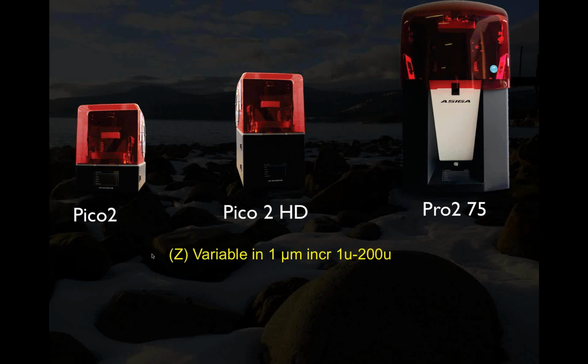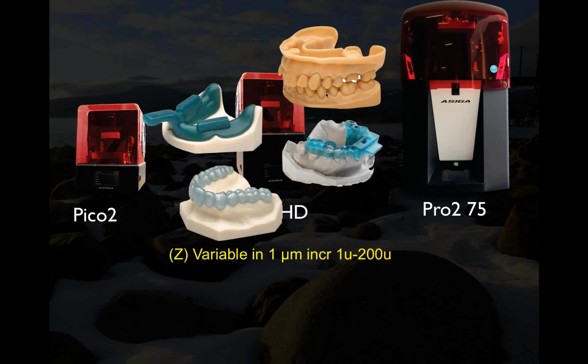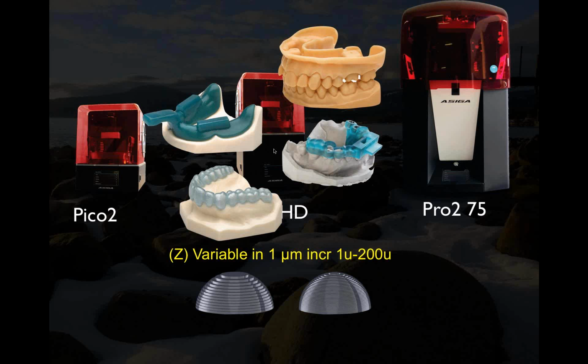Now, these all have a variable Z-axis. Why is that important? It's easy to set. It's just a touch screen on the front. Because for things like ortho models, guides, orthotics, trays, those kinds of things, not this removable die, you can increase this resolution a lot to, let's say, 100 microns or more, because we don't need those fine edges.